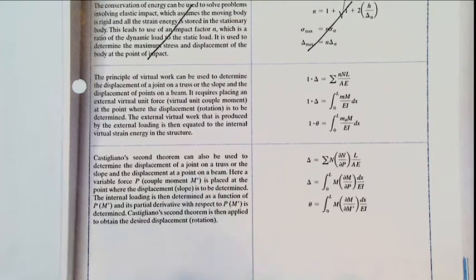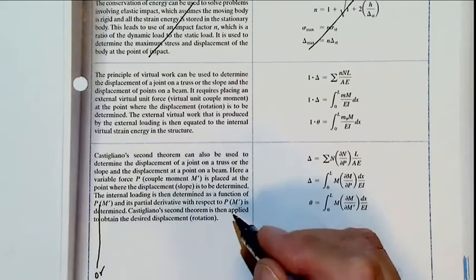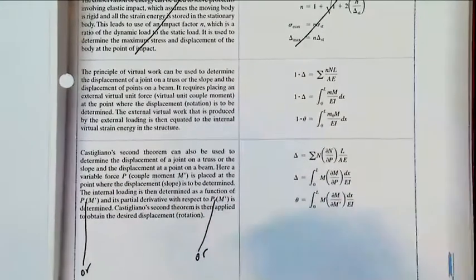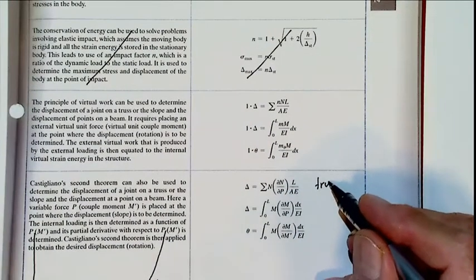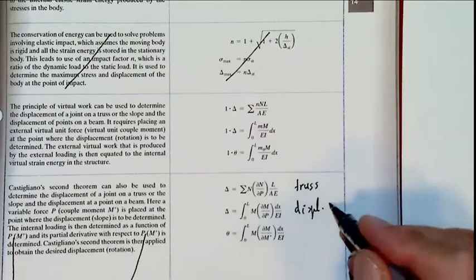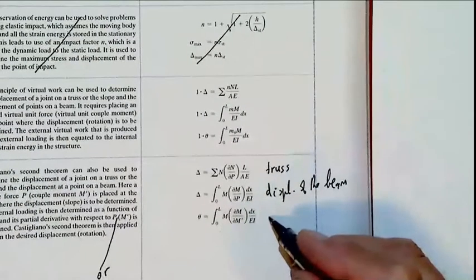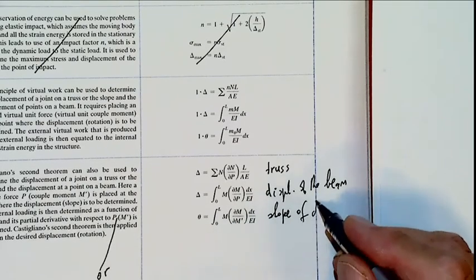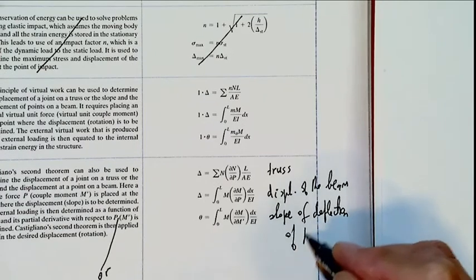Castigliano's second theorem is then applied like this. Delta equals, that is for truss. That is for displacement of the beam. That is for the slope of deflection of the beam.